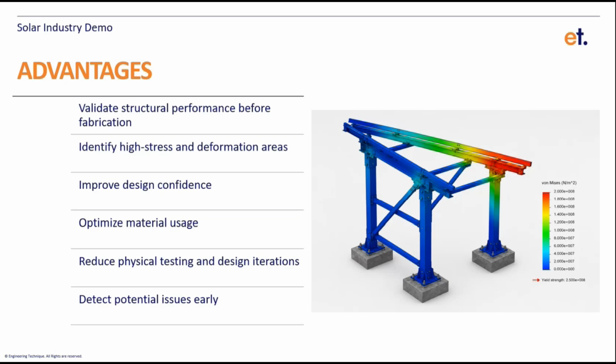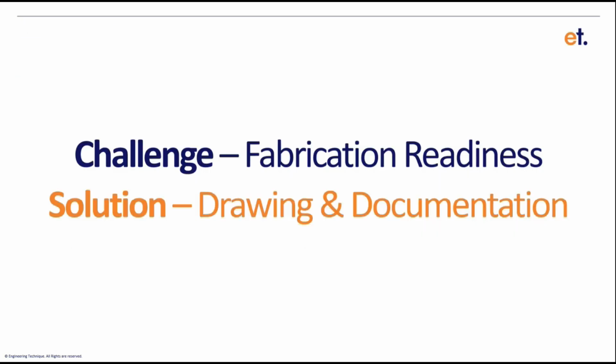Now comes the challenge of how will you be able to provide the particular model data to the fabrication team as they need to produce the particular part. So we know, right, that the fabrication team requires all of the dimensions and bill of materials.